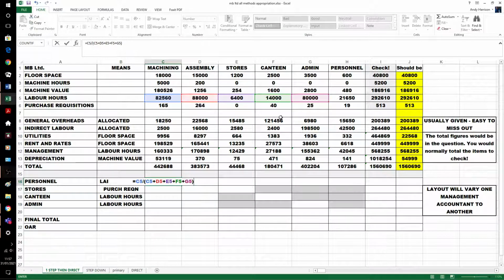Only the one bill though, so some bits will be a little easier as the personnel's bill. And we could check our answers from earlier, but obviously if we're doing it this way, we'd only probably do it this way. Used to miss one of these out, especially if you've been doing it all day.